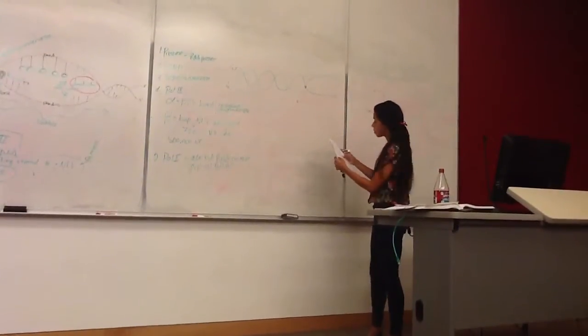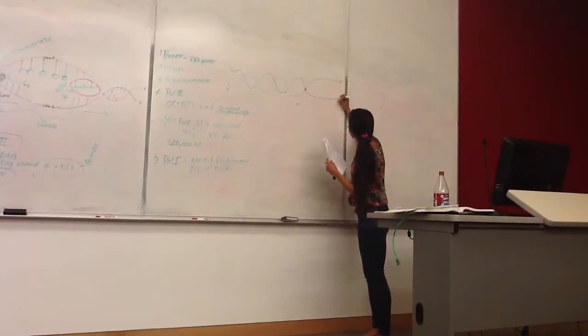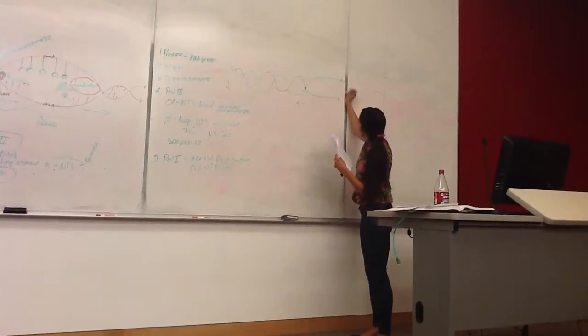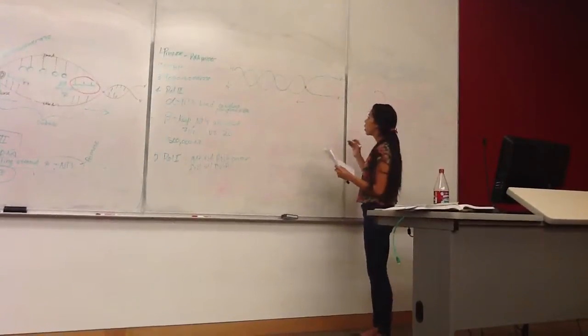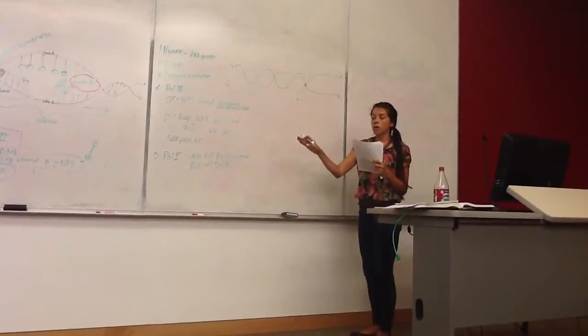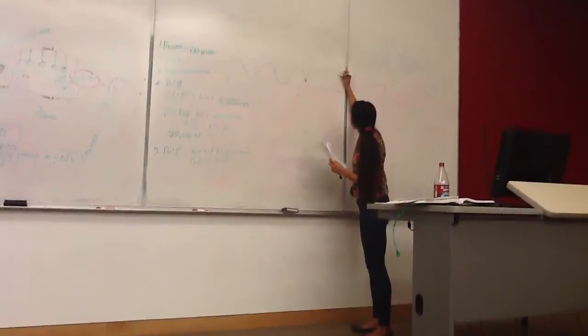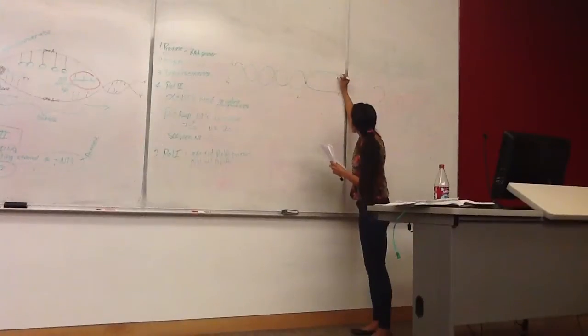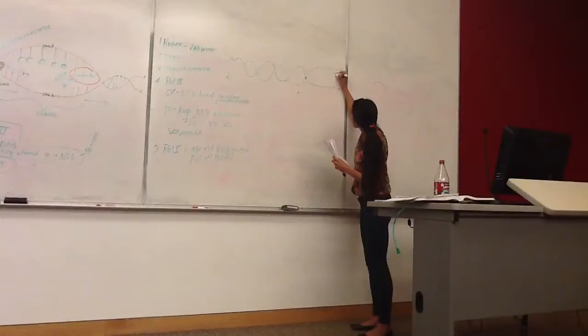Okay, so you have your fork. This is your 5', this is your 3', 3', 5'. And those dots mean that it continues the other way. Okay, so we can replicate in 5' to 3'. So here we go. Here's 5', and you start adding the nucleotides one by one in this direction.